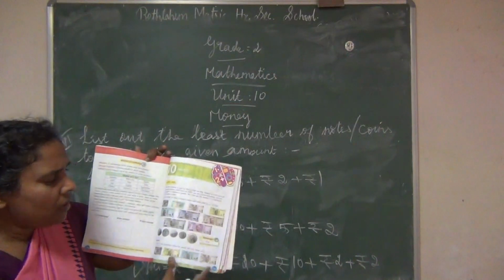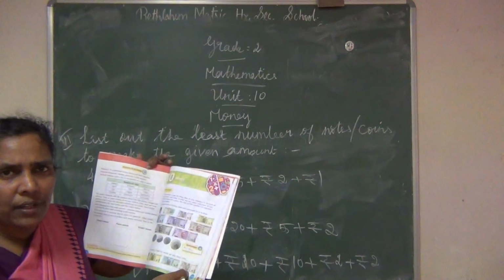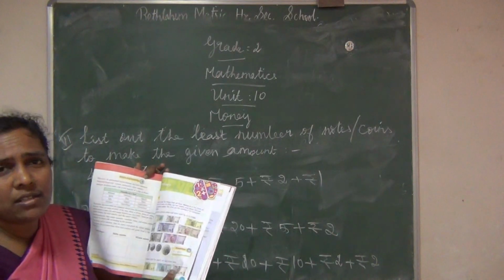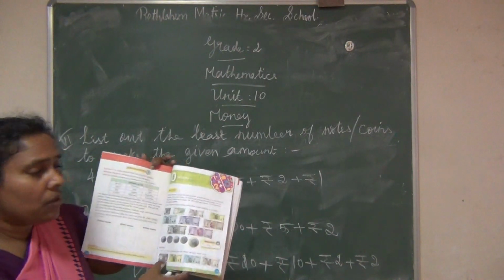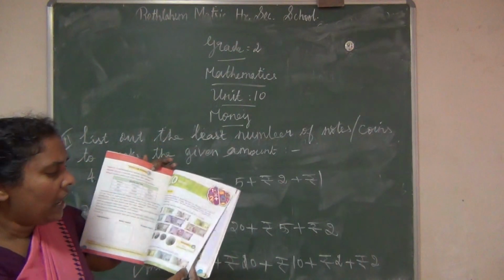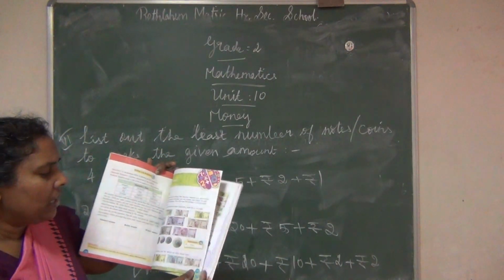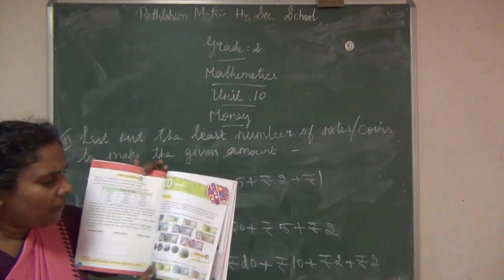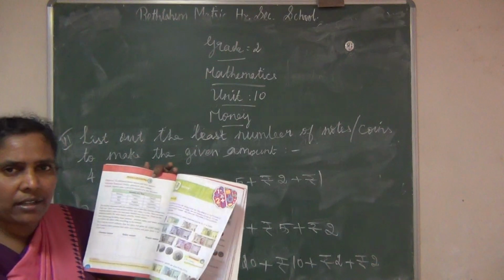So here 4 currency notes are given. From these 4, which are the notes that have coins also? The first one, 1 rupee, has a 1 rupee coin. And also the last one, 10 rupee, has a 10 rupee coin. Do you understand? So first and last is the answer.